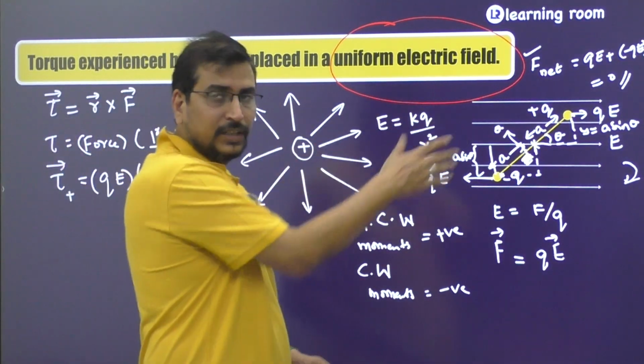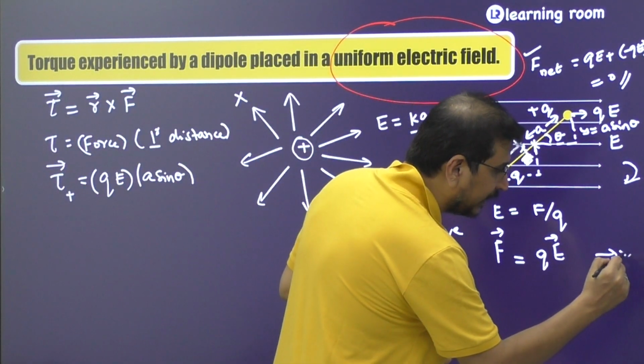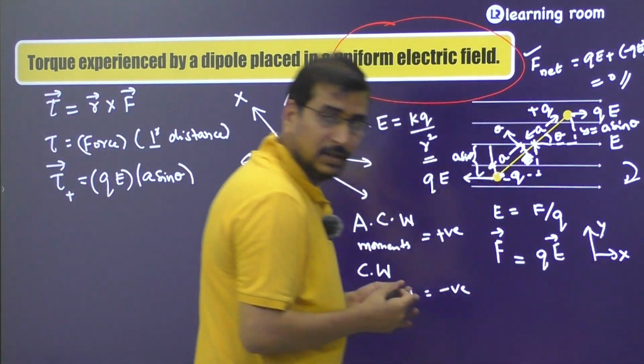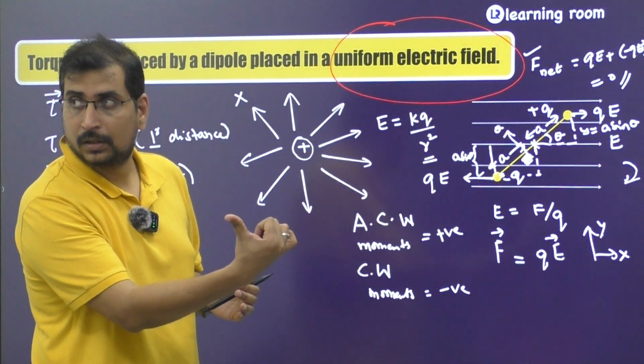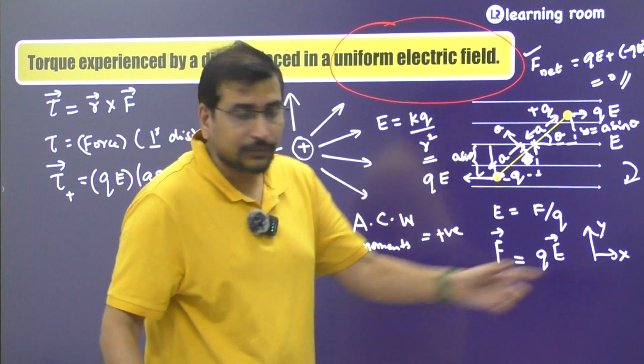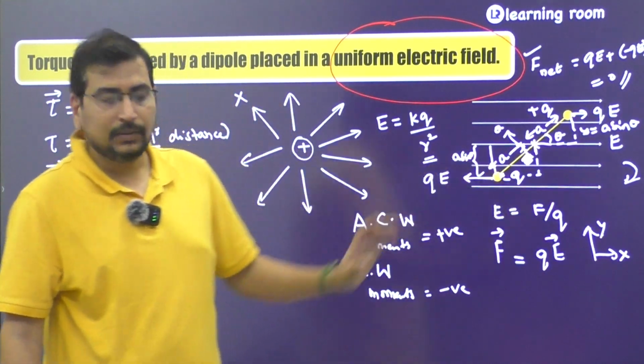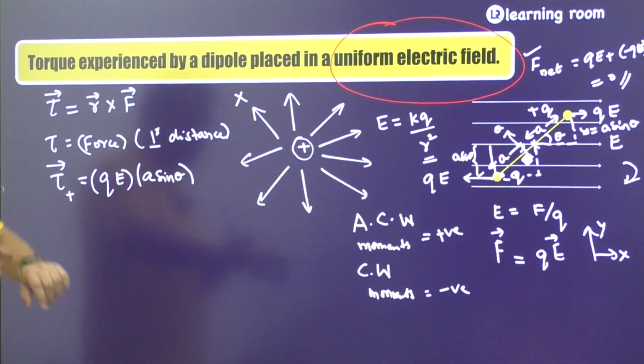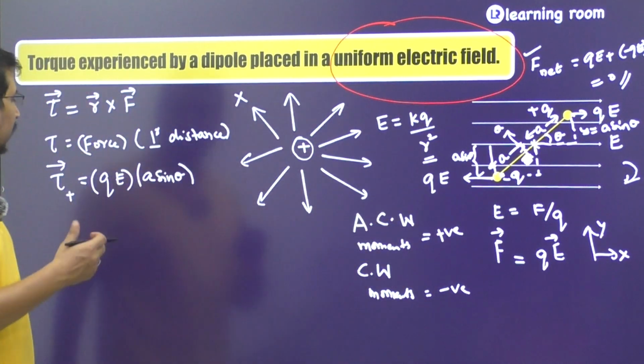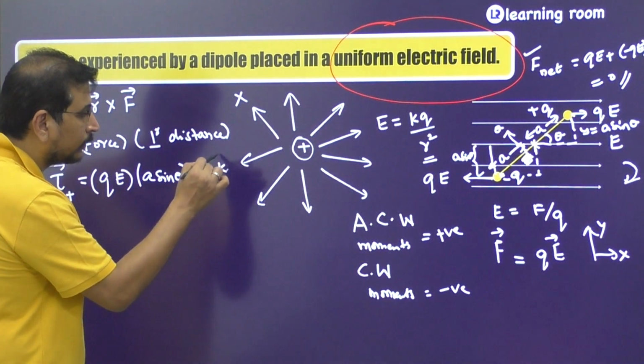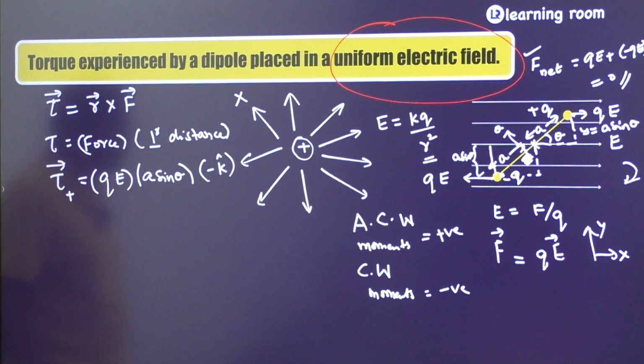If I take this to be the x-axis and this to be the y-axis, then towards you will be positive z-axis, and away from you is going to be negative z direction. So what do I write the value as? Minus k cap. It's a simple point, but are you able to understand what I'm trying to say?